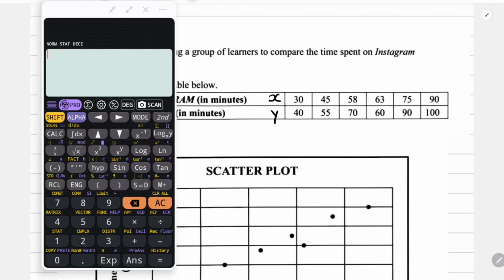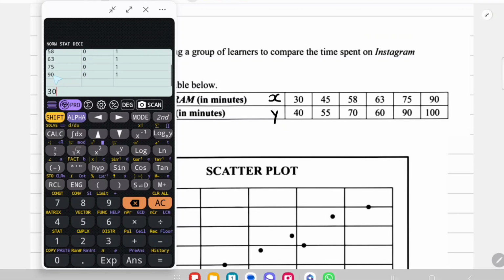So when you click that, you're going to see an x and a y column and you need to fill them in. Once you have put in your x values, you'll notice that on your side, you're going to have numbers. Make sure that you end at number 6, so that you know there are actually 6 values in the x-axis. Now on the y, okay, the y values, we're going to put down those y values into our calculator.